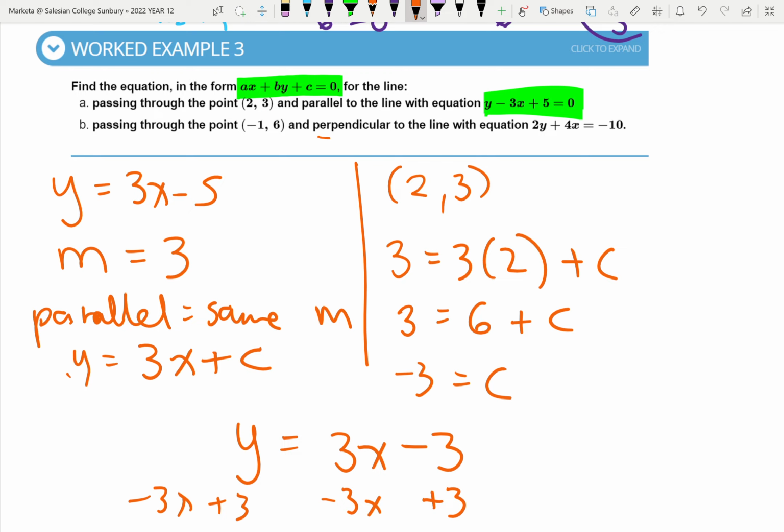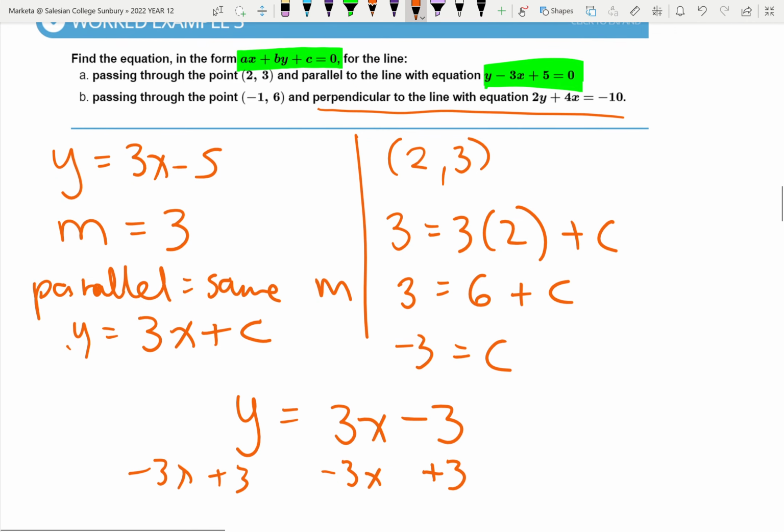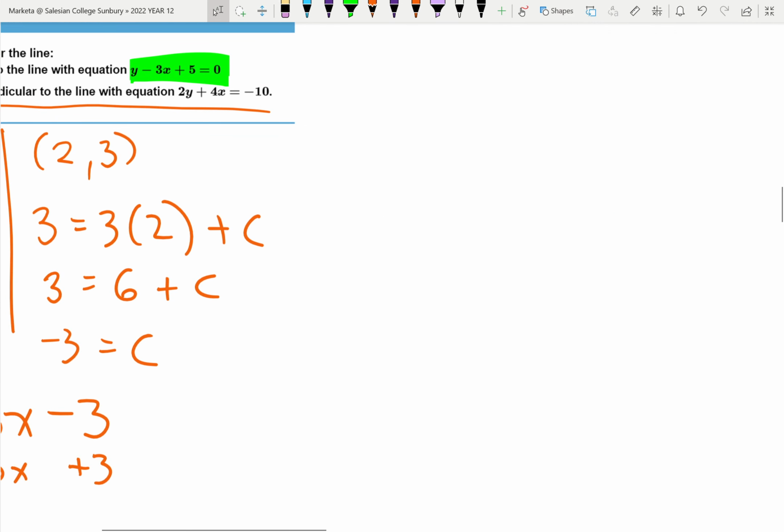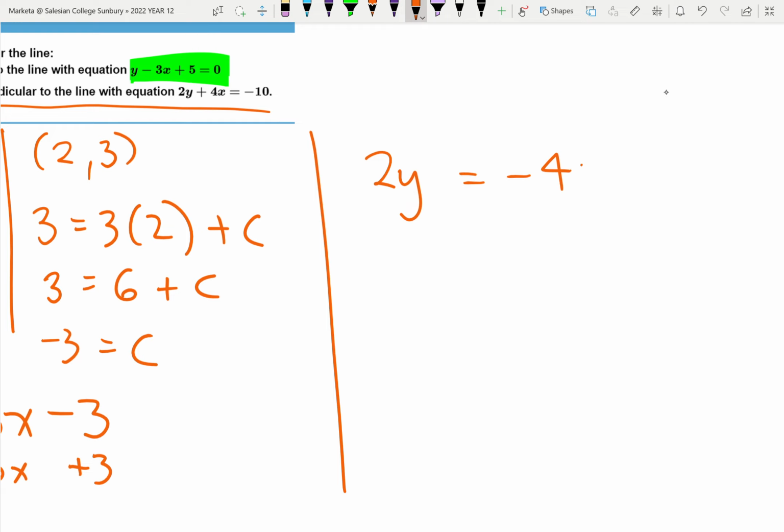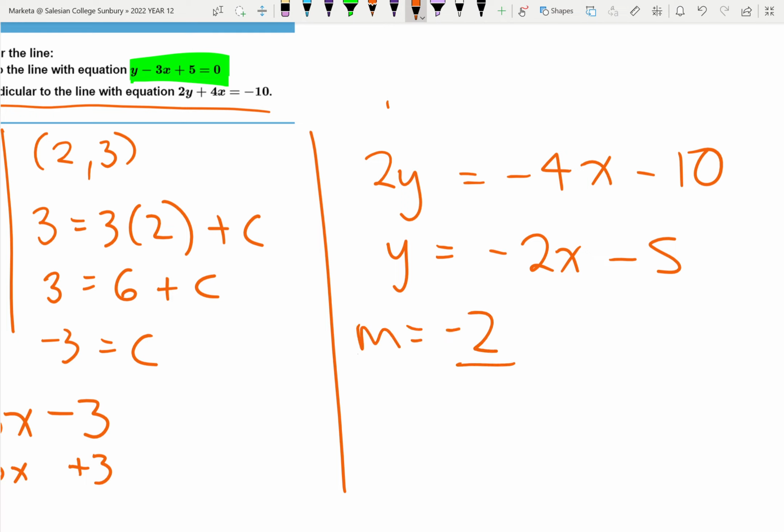This one is perpendicular. So again, we need to find the gradient of the original line. So I'll just quickly rearrange that. There would be no use rearranging this on CAS. It just would be a waste of time, because you can so quickly get your y equals mx plus c. By the time you press the buttons, you would have done it by hand. So this gradient, m equals neg 2 over 1.